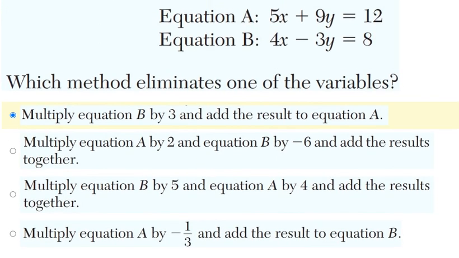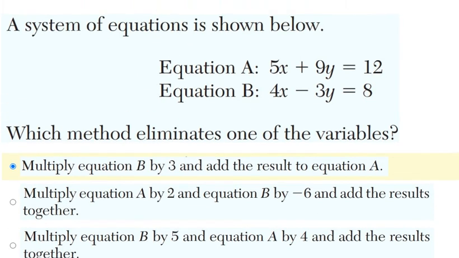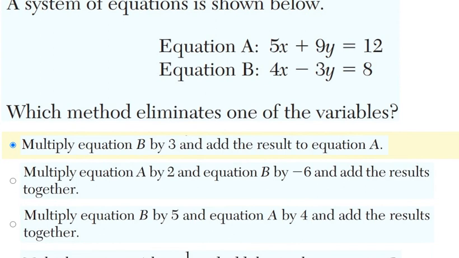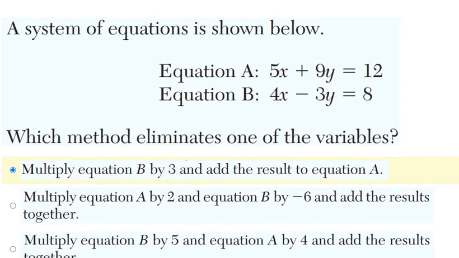Now, if we multiply A by negative 1/3, again, that's going to give us negative 3y on the top and the bottom. So you want to consider, in order for one of these things to fall out, the signs, when you add them together, must be opposite. And that's why the first one is the correct choice for question number 15.